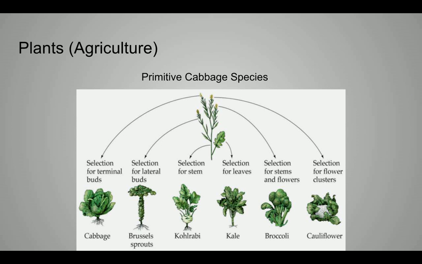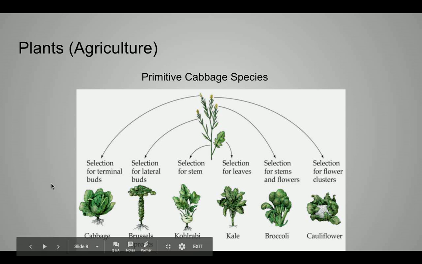Lastly, plants and agriculture is a huge one, especially as our population continues to grow. We've got to have more food for more people. So being able to artificially select different foods and create more is huge for us.